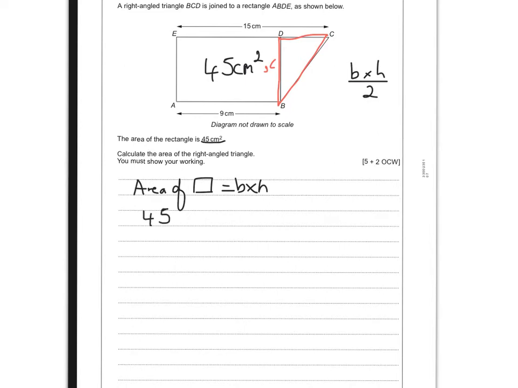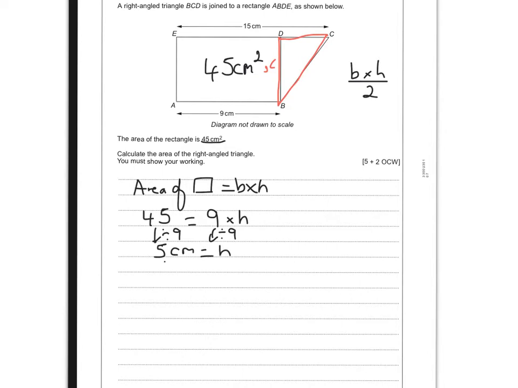That was given to us in the question. We know the base is 9, which is the length AB, times by a height. Therefore, 9 lots of my height gives me 45. So in order to find out what one lot is, I'm going to divide by 9. And therefore, I have my height being 5 centimetres.